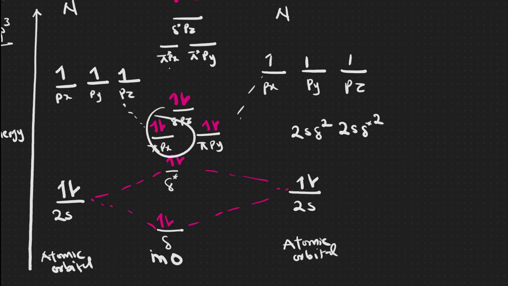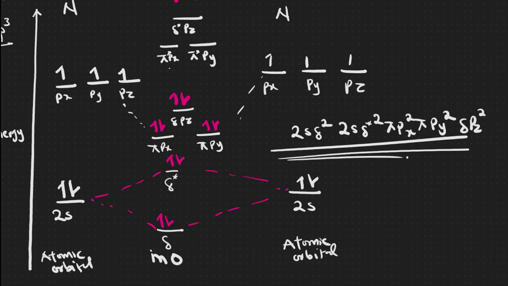Then we have this, which is pi px, and there are 2 electrons there. Then we have this, which is pi py, and there are 2. Then lastly we have this, which is sigma pz, and there are 2. So this is the molecular orbital electronic configuration of the nitrogen molecule.